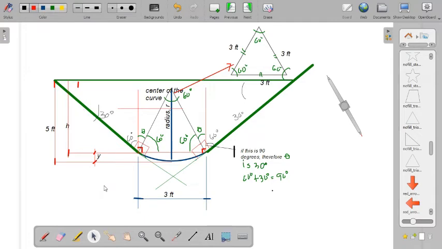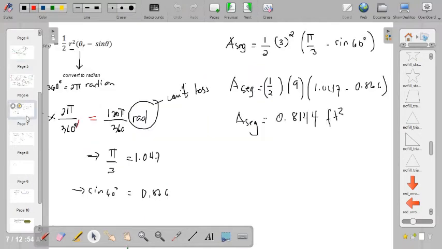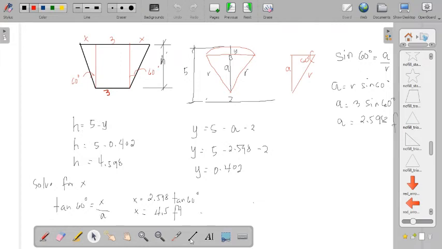So in order to get the y, you have to subtract 5 minus the r, right? This is the 5. Ito, minus yung radius. So, ang matira is, ito yung radius.